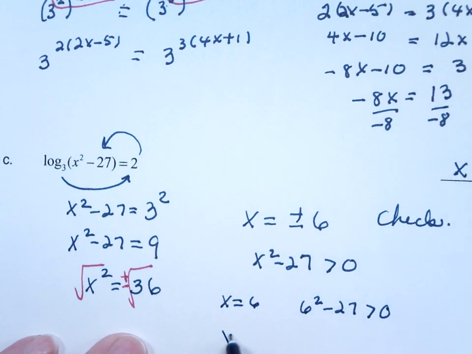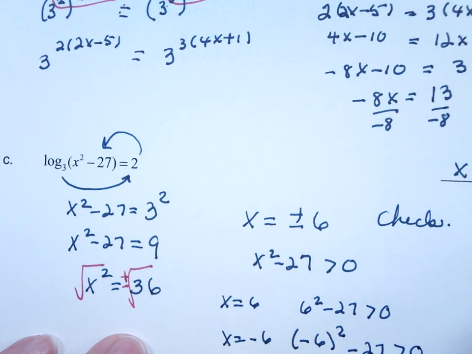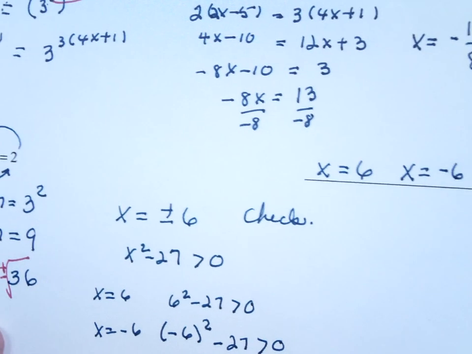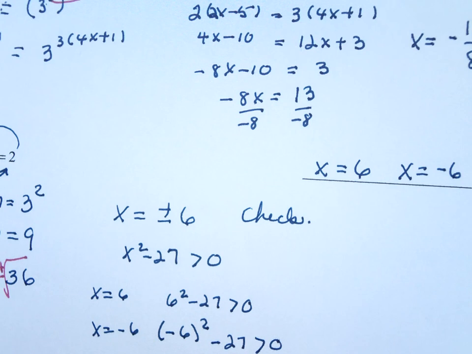And if x equals negative 6, negative 6, the quantity squared, minus 27, that's certainly also positive. So negative 6 is also one. The biggest problem you'll have is it makes the argument negative. Now we can get a little bit more picky, but not so much in this class.